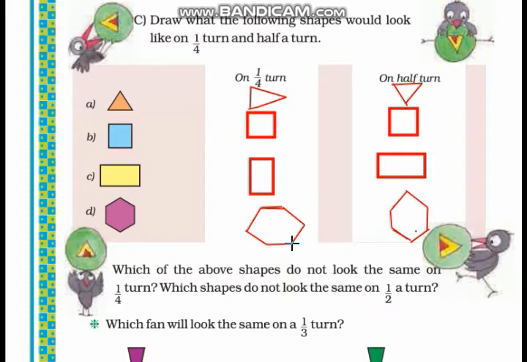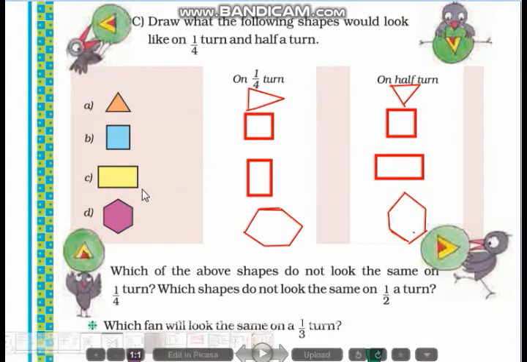So it will not look the same on a 1/4 turn, but it will look the same on a half turn, because if we rotate this hexagon from here to here, the top part will go to the bottom and the bottom part will go up. So it will look the same on a half turn.